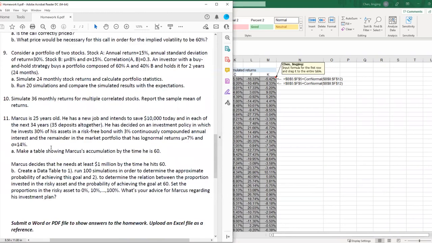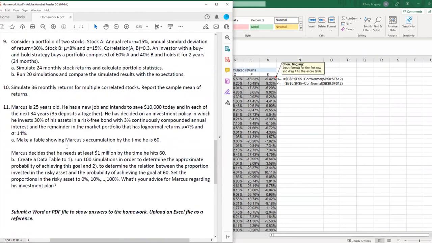Finally, going to the last question. This is an application related to Marcus' investment plan. Marcus is 25 years old. He has a new job and intends to save 10,000 today and in each of the next 34 years, so each year he's going to deposit $10,000.